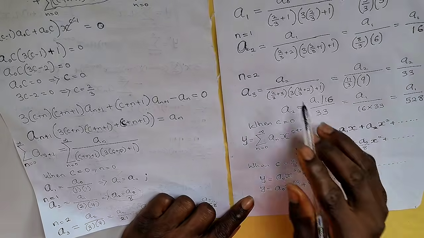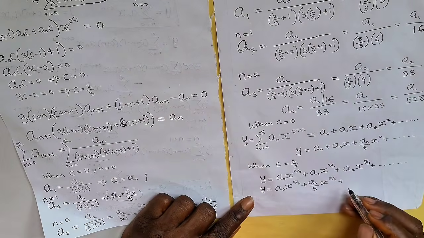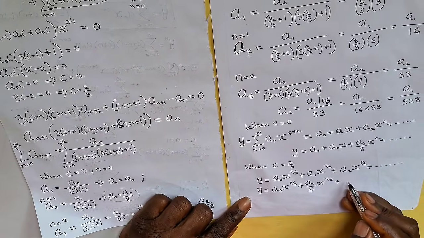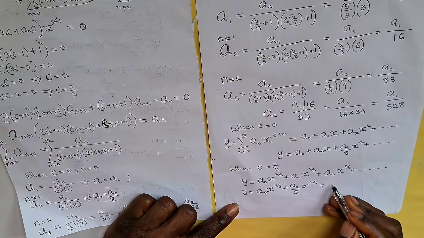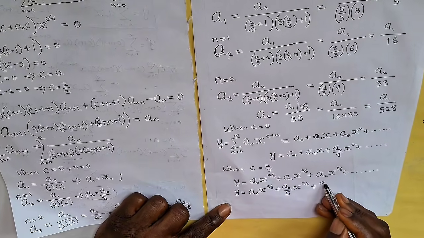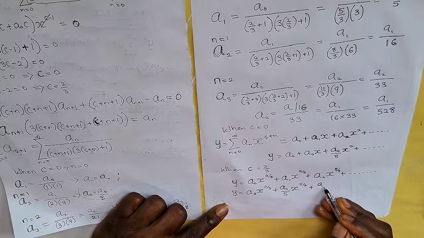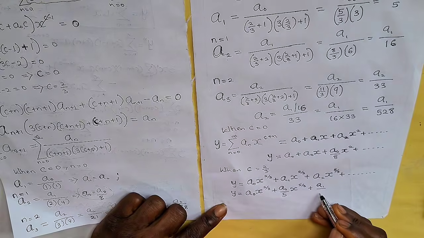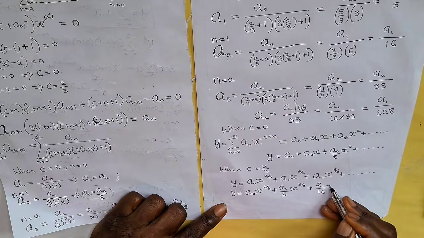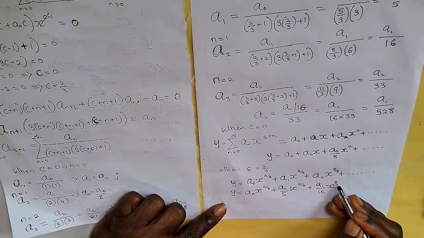Then what was a2? A2 is a1 over 16. So I'm going to have a1 over 16 x raised to power 8 over 3.